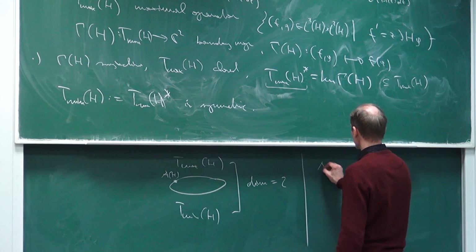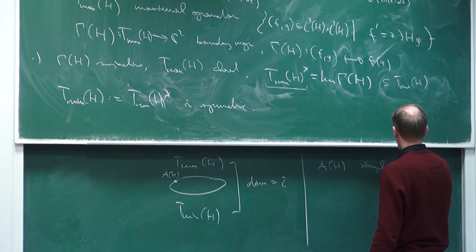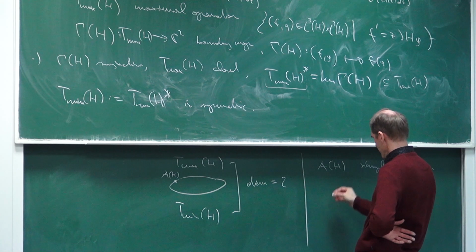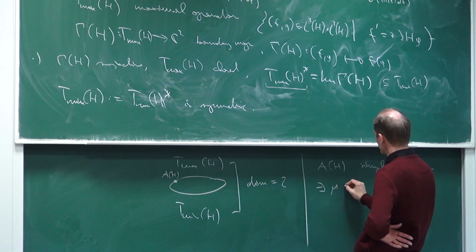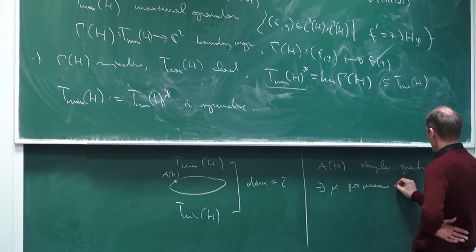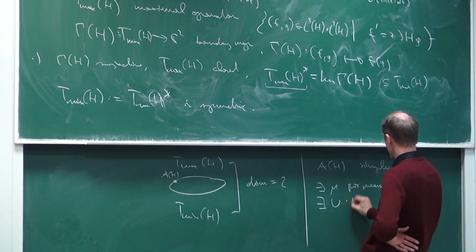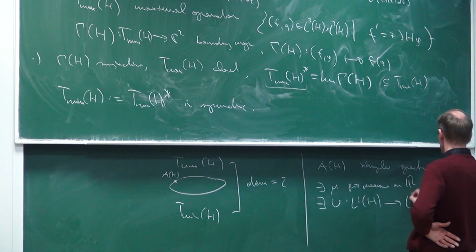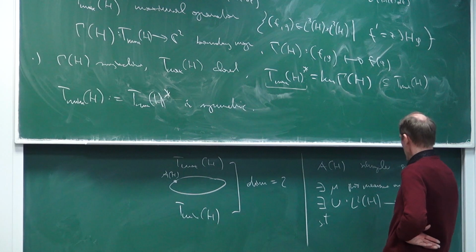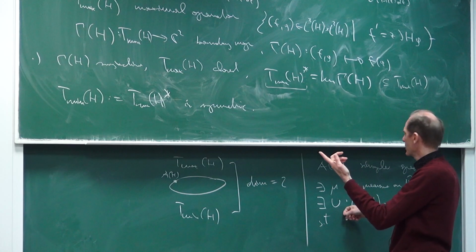One can show that this self-adjoint operator has simple spectrum, which means that I find a scalar positive measure on R, and I find a unitary operator from my Hilbert space to the L2 mu space, such that this unitary operator puts my differential operator into multiplication.